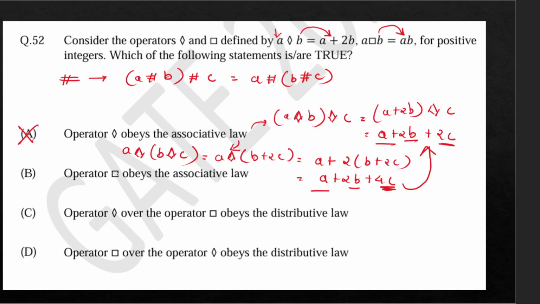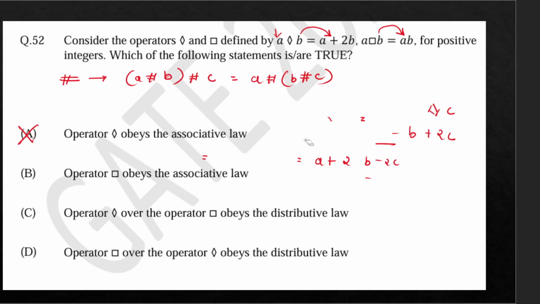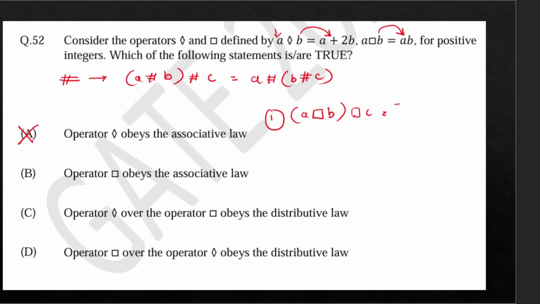Now let's check whether this box shape obeys the associative law or not. Let's verify with the similar thing. I guess you can try this by yourself also very easily. To check associativity, always three operands are needed. The first one I am taking like this: (a box b) box c.